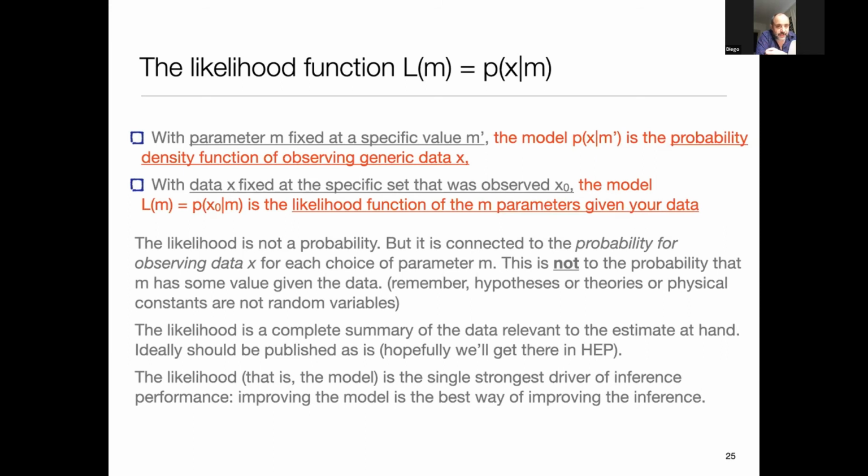There is actually an effort in HEP toward going in this direction, because that would be a very good way of making our measurements long-lasting and more complete. Another important thing, and we will get back to it later, is that the likelihood, that is the model, is the single strongest driver of inference.